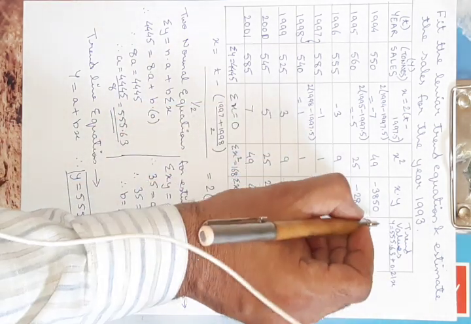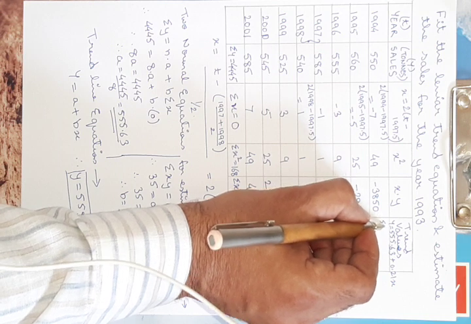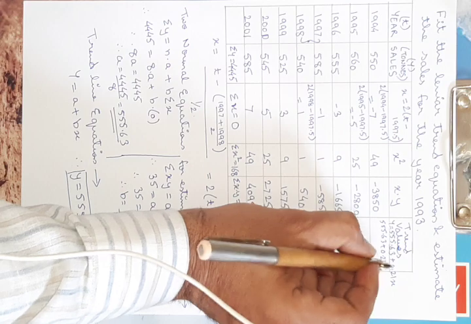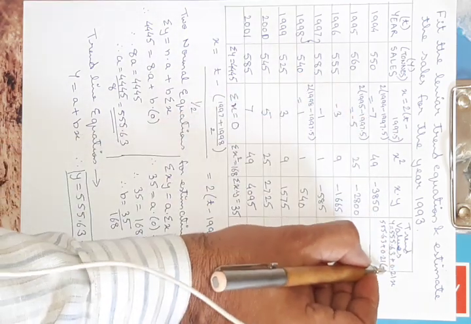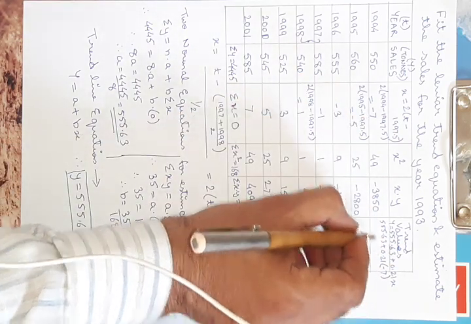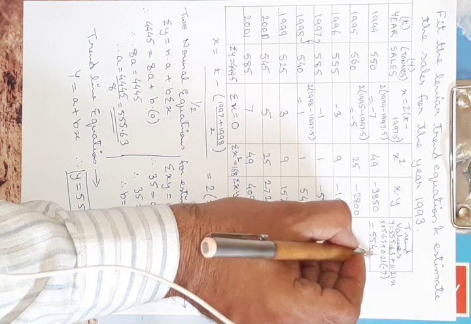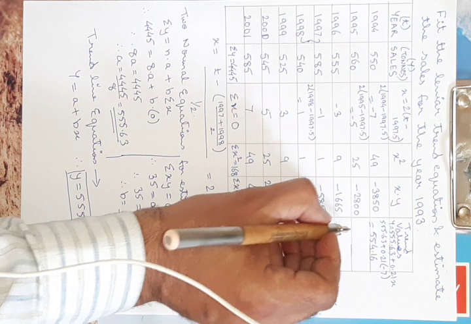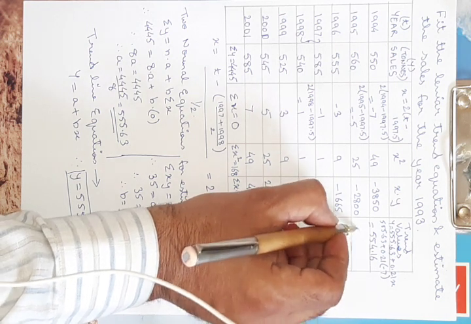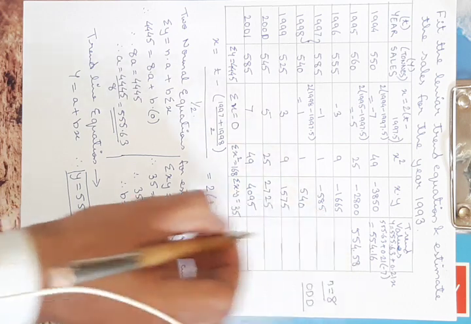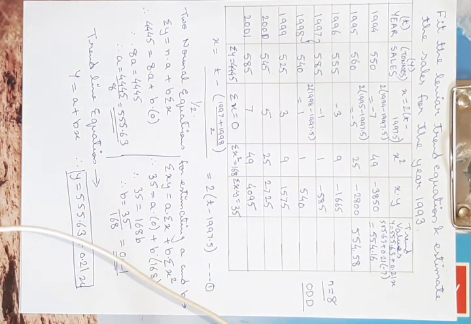In the first equation it will be 555.63 plus 0.21 into x. What is x? X is minus 7. So the first value comes out to be 554.16. Similarly, the next value comes out to be 554.58.